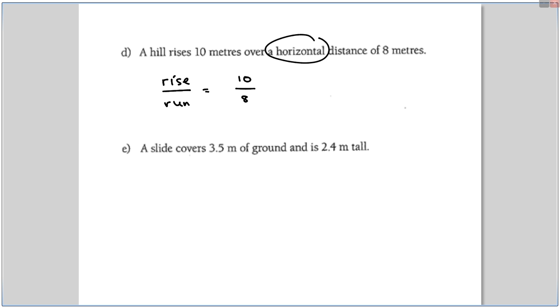Yeah, one whole for sure. 8 goes into 10 one time, and then how much is left over? 2/8. 2/8 is 1/4, so it's 1 and 1/4. And that's probably what your calculator gave you, 1 1/4, or it gave you the decimal 1.25.